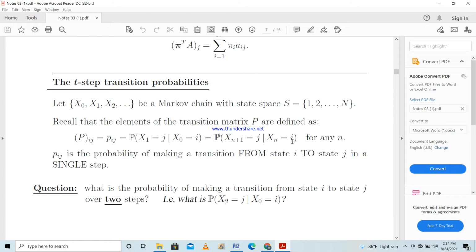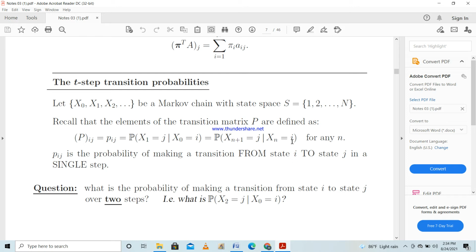So then we have a problem. If we are talking about a single step here, what is the probability of making a transition from state i to j over 2 steps? For an example, let's say when time equals 0, we are in state i. Then when time equals 1, let's say we go to state k, and when time equals 2, we come to state j.